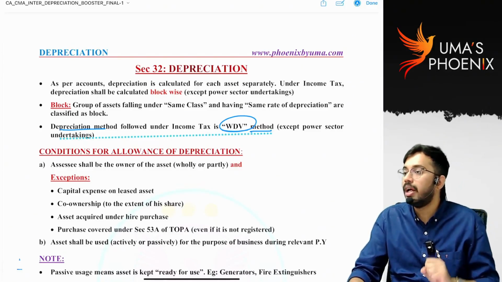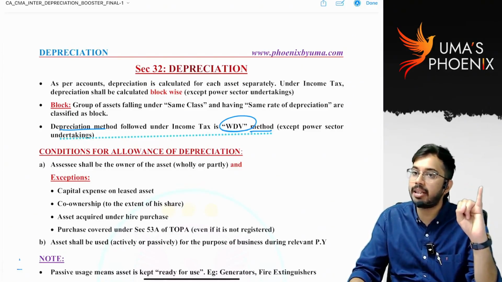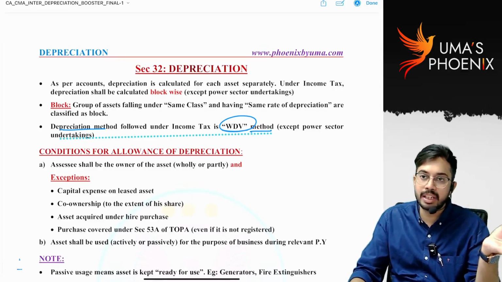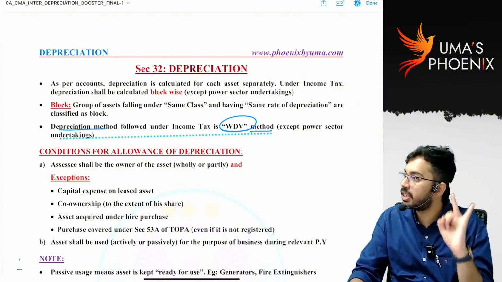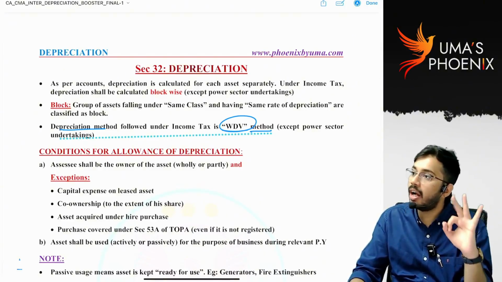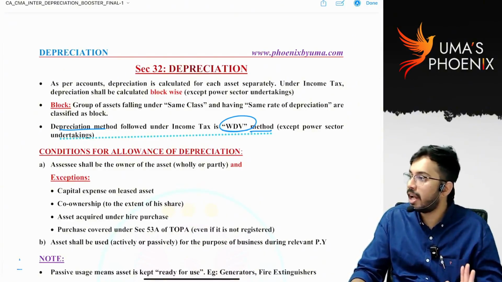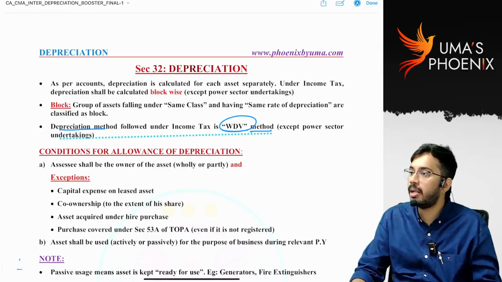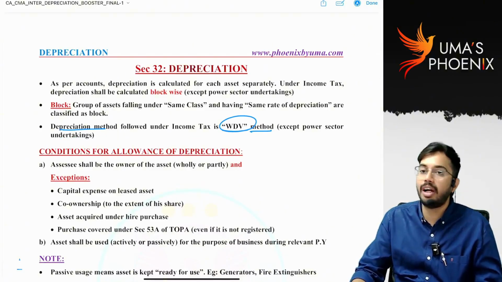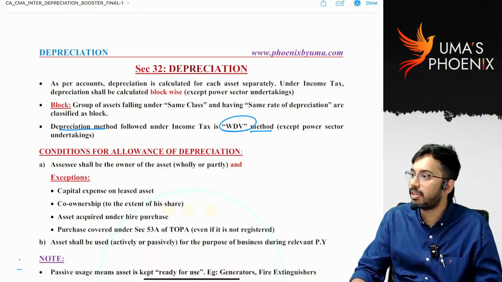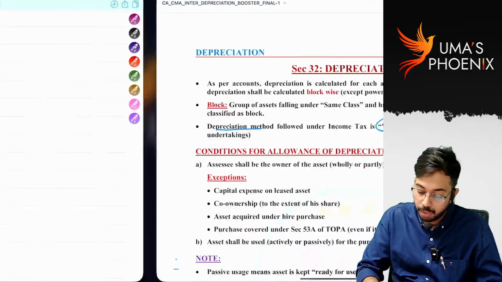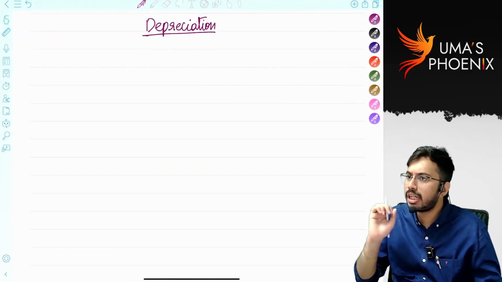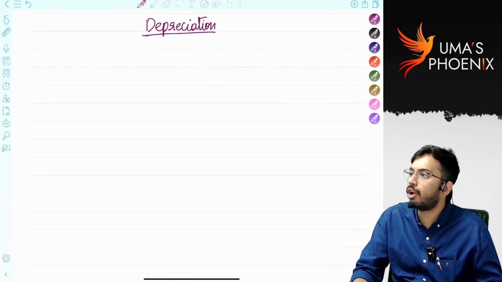So simply, depreciation as per accounts and income tax are different. Under accounts, depreciation is calculated individual asset wise. Under income tax, it is calculated block wise. Under accounts, various methods are there to calculate depreciation. Under income tax, there is only one method, that is the written down value method, except in case of power sector undertakings. Now, the immediate doubt is, sir, you said depreciation will be calculated on block, right?